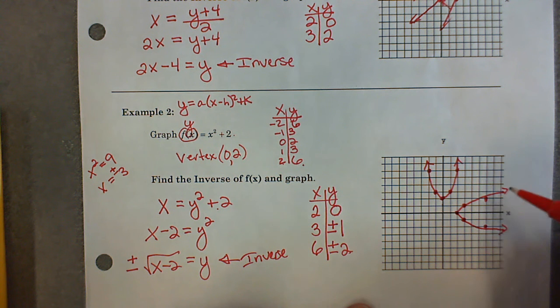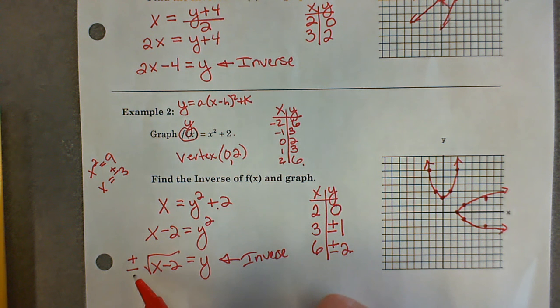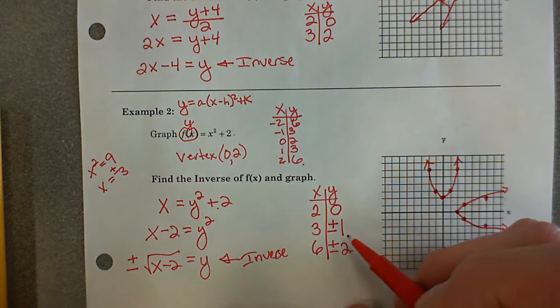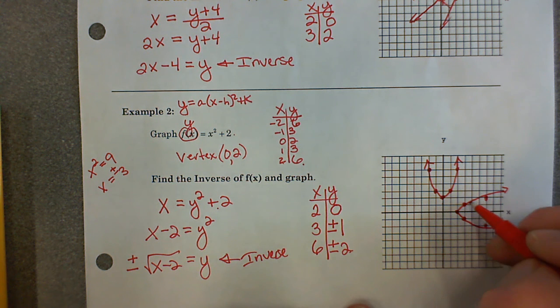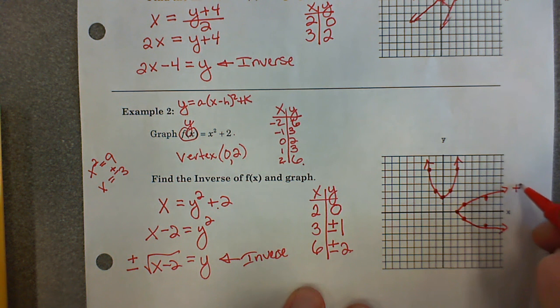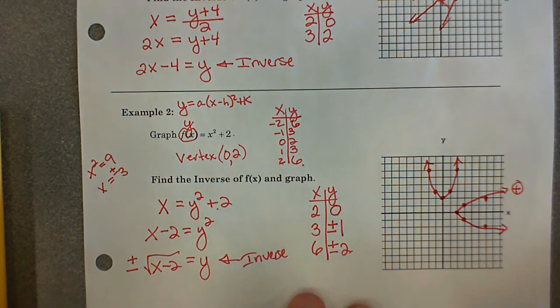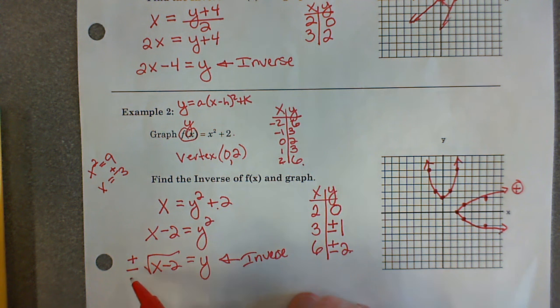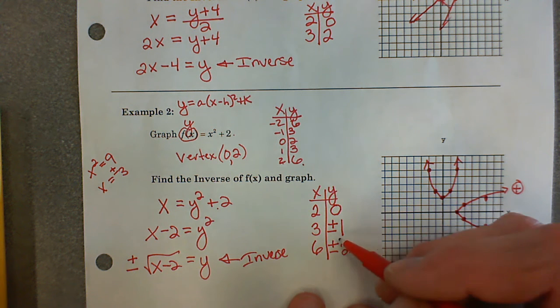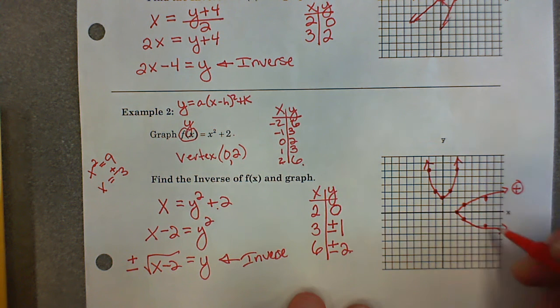Okay. Now, remember this plus or minus? The plus here is making the y values positive. So the positive y values here are when the graph is moving up. So this is the positive part of that square root function. The negative square root are the y values that are negative here, so that's the part that's going down.